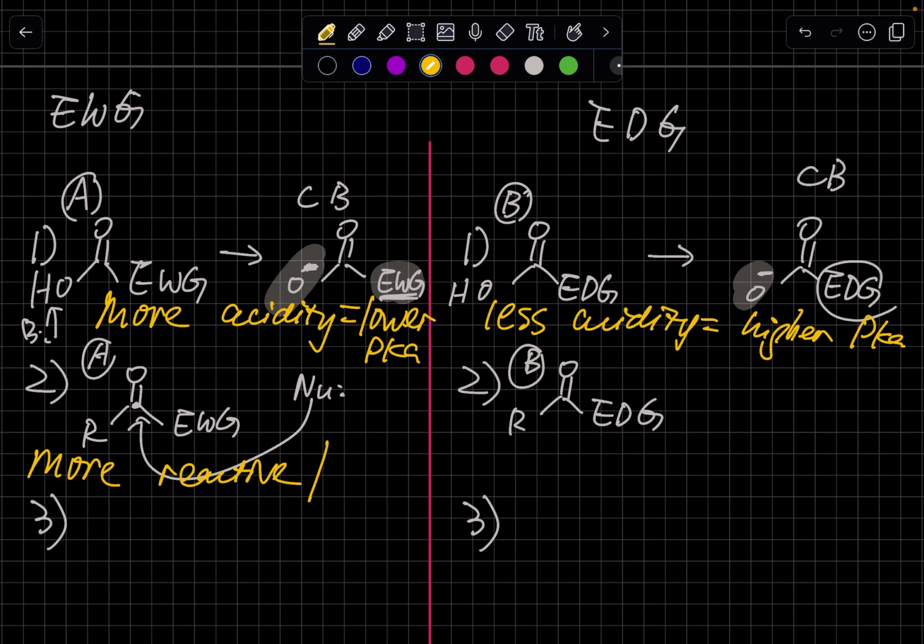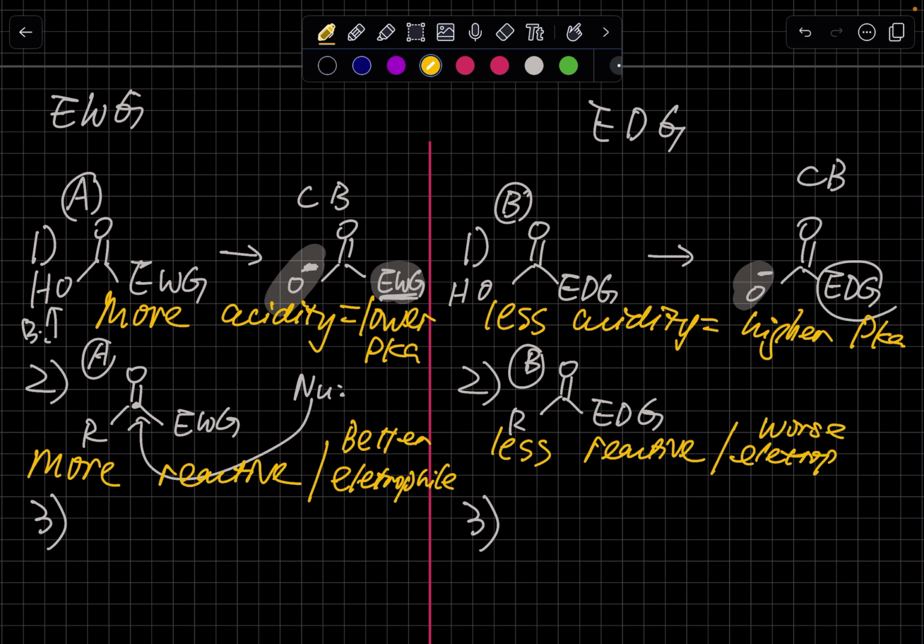Versus the electron donating group. The electron withdrawing group makes this a better electrophile, and this one is less reactive, a worse electrophile. This is called the electronic effect. This is listed AAMC MCAT content. Do you guys get why?